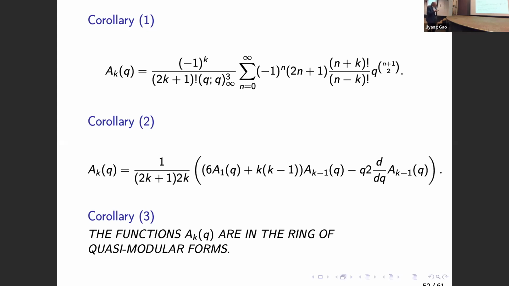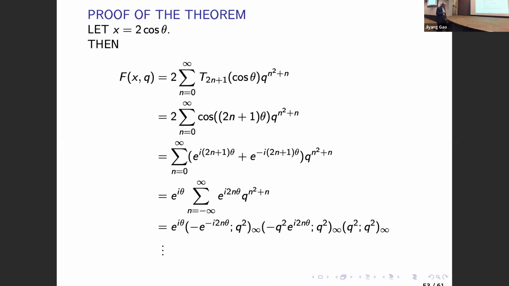And this basically is adequate to show that these are in the ring of quasi-modular forms. Proof of the theorem goes as follows, namely, the Chebyshev polynomial tells us that this is actually cosine of 2n plus 1 theta.